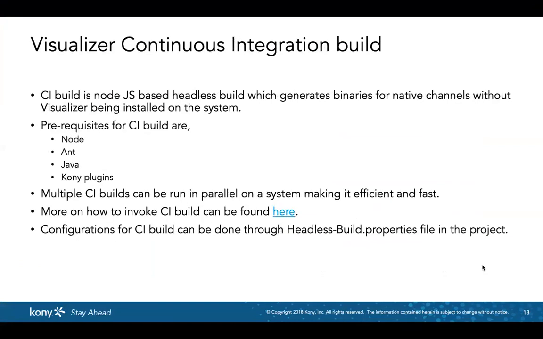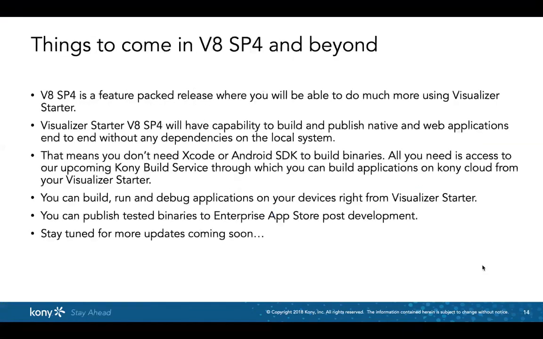Now I'll move on to what is coming in V8 SP4 and above. This will be from the build perspective only. V8 SP4 is a feature packed release where you will be able to do much more using Visualizer Starter. We have focused more on Visualizer Starter and making it more capable compared to Enterprise.